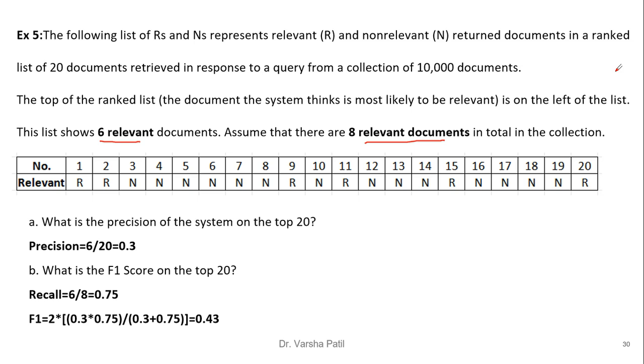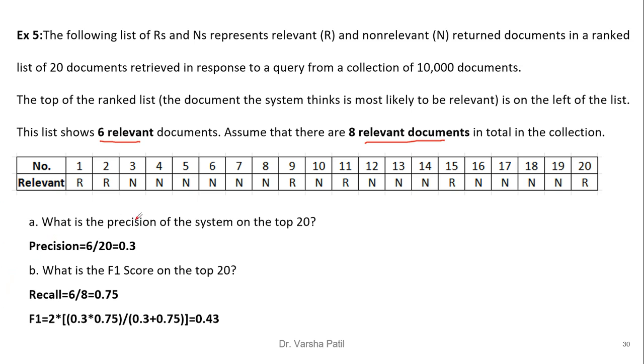So of 10,000 documents, for that particular query only 8 are relevant, and here we are taking the system only up to 20 retrieved. In those 20 we get only 6 relevant documents, so 2 relevant documents are not retrieved in the first 20.